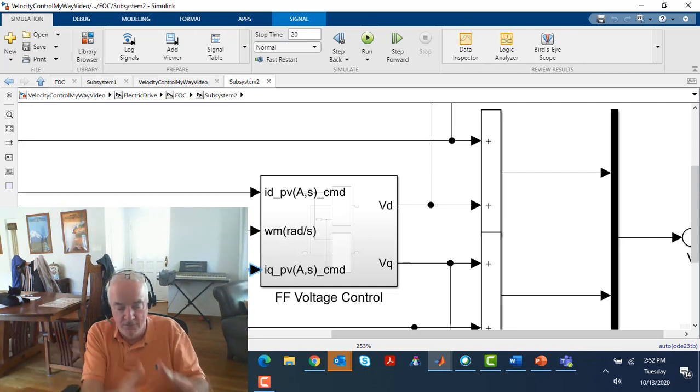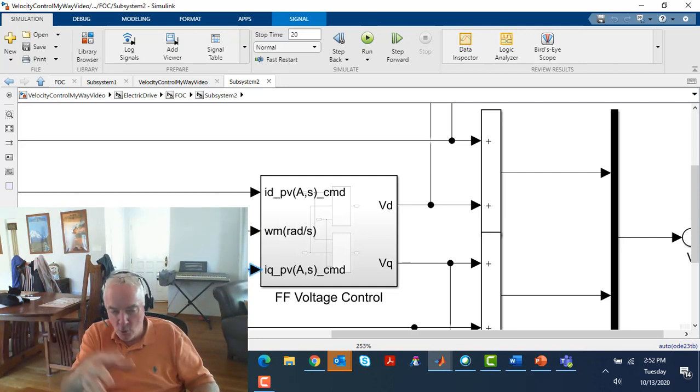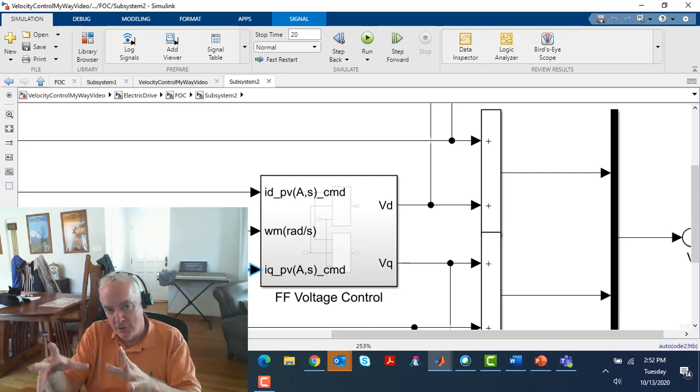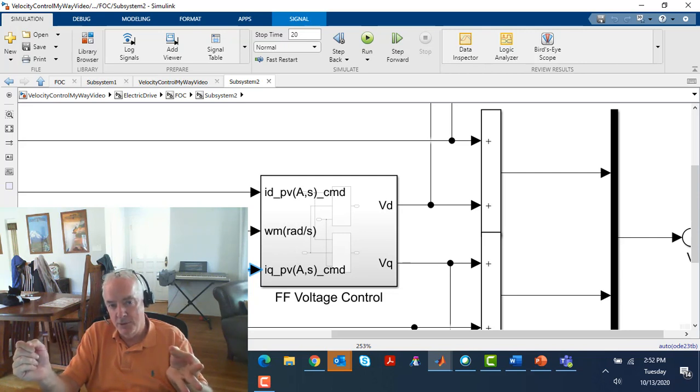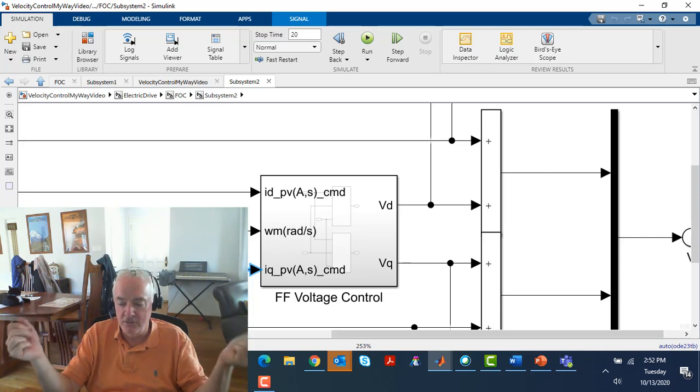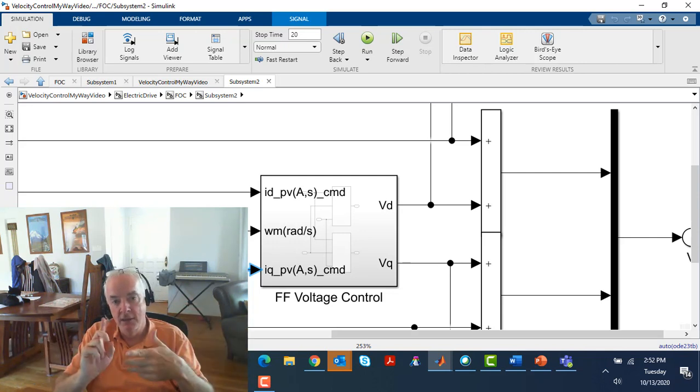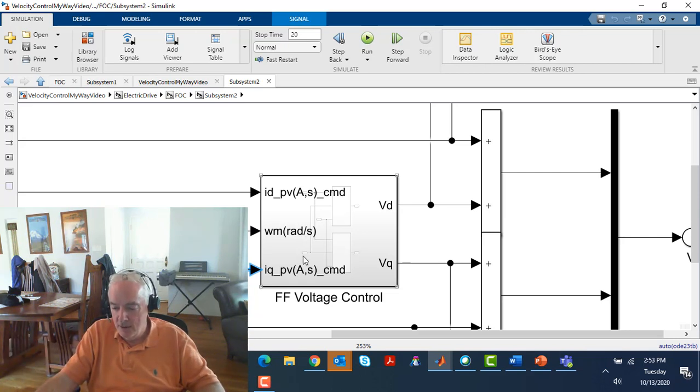So this is telling the controller, in this snapshot in time, what's really happening with the motor. That electrical state is expressed extremely well and very efficiently by the currents, ID and IQ. And mechanically, it's stated quite well by the shaft angular velocity, right?